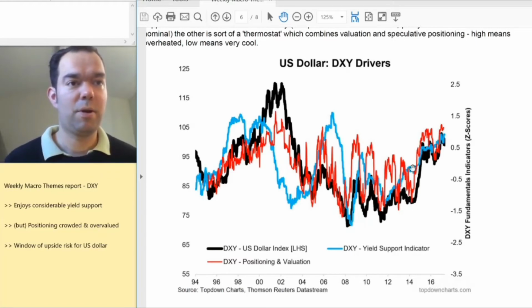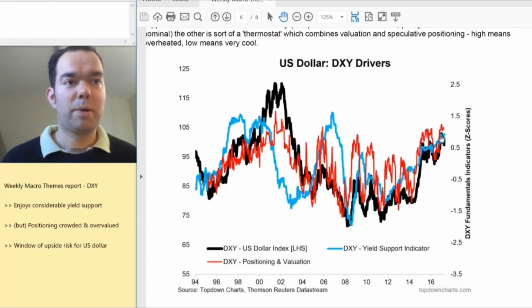It came down to very low levels, and that was coming at the same time as yield support was quite strong and improving. From here you can see that the positioning and valuation indicator is at quite high levels, and normally that's indicative of a market that's going to struggle to rally.